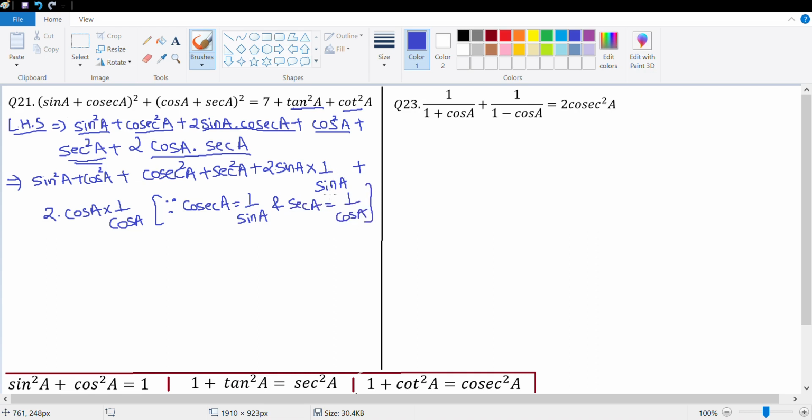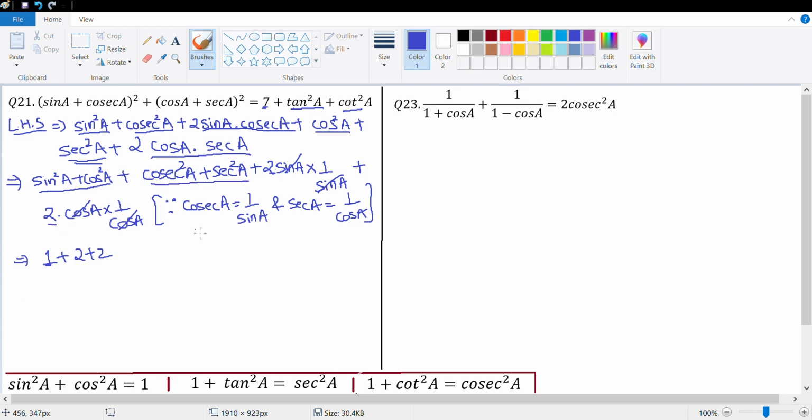This sine and sine get cancelled, this cos and this cos get cancelled, and this in any case is 1. So this is 1 plus 2 plus 2. I needed 7, out of which I've got 5. 1 from here, 2 is this, 2 is this.